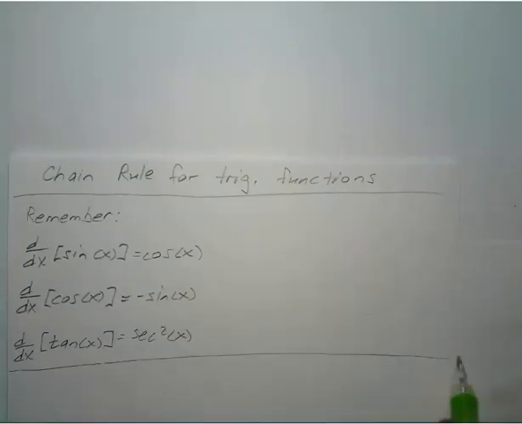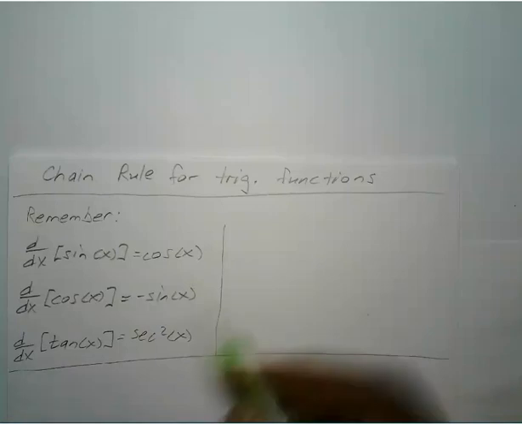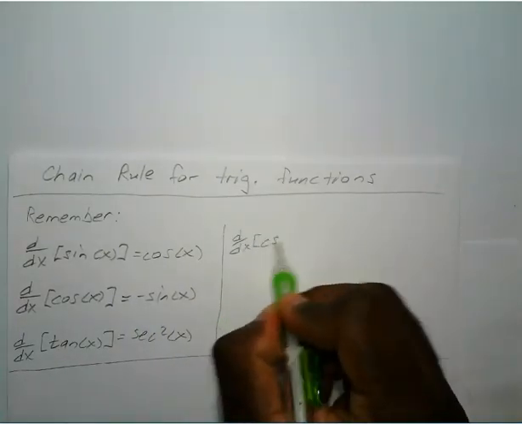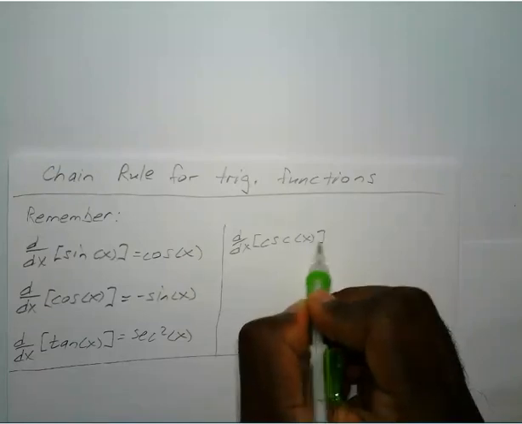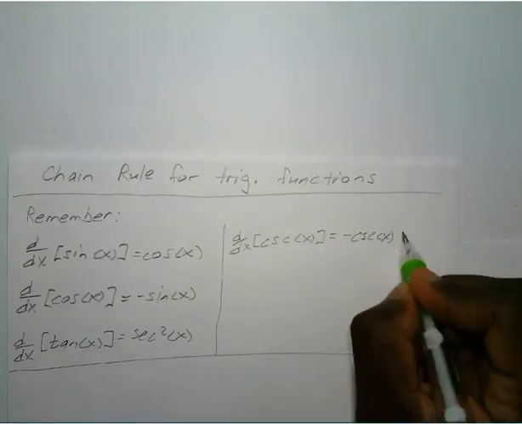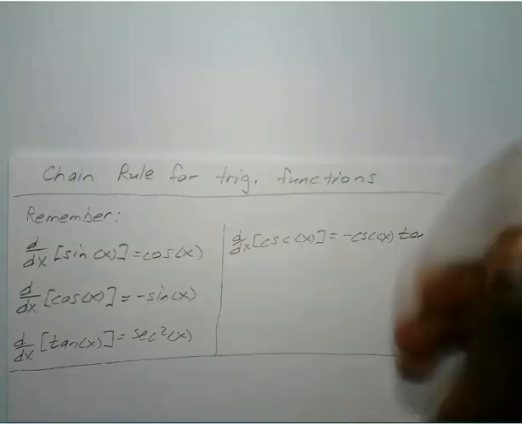And I'll put the other three right next to it. The derivative of cosecant x is equal to negative cosecant cotangent, sorry about that.